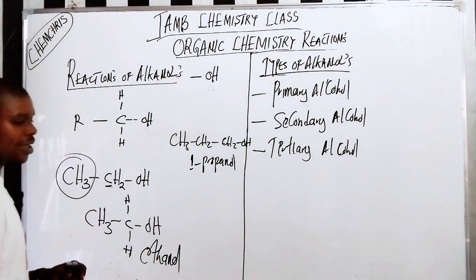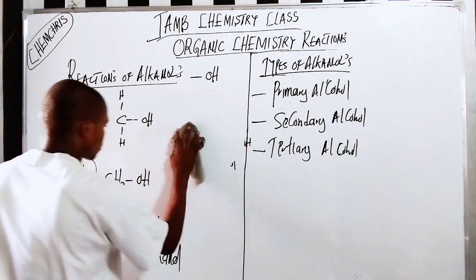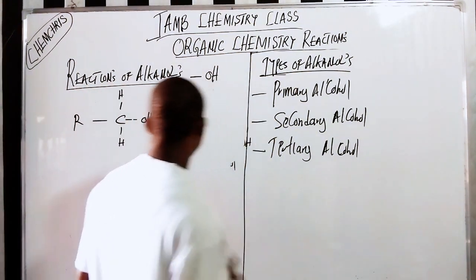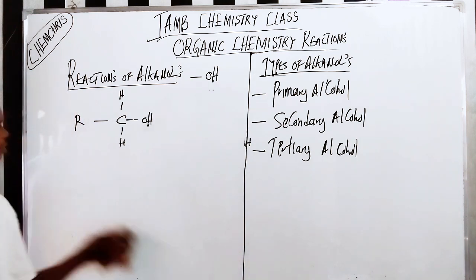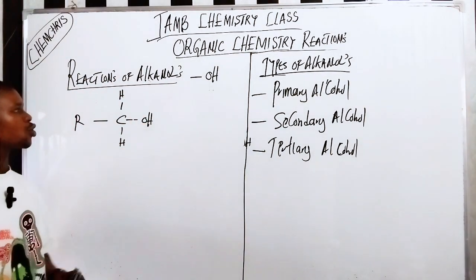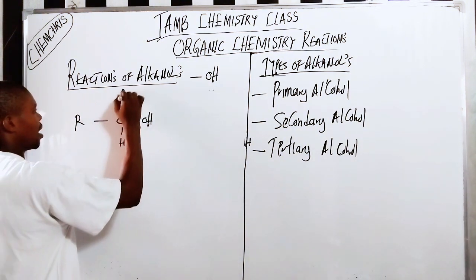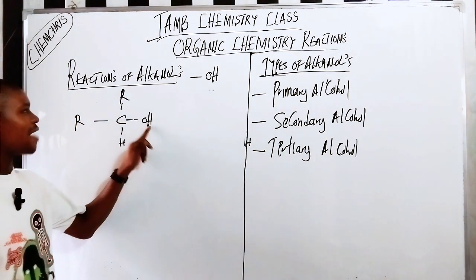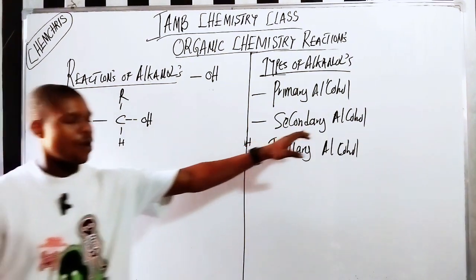So let's look at secondary alcohol. What do you understand by secondary alcohol? In secondary alcohol, the carbon atom that bears the OH has two alkyl groups. So here we remove this one and add an alkyl group here. When the carbon atom that carries the OH has two alkyl groups, it is called secondary alcohol.